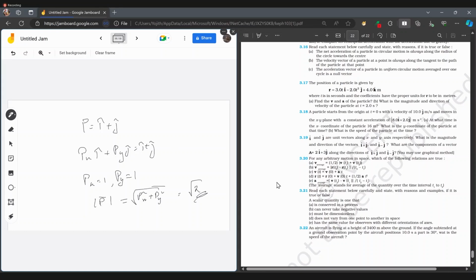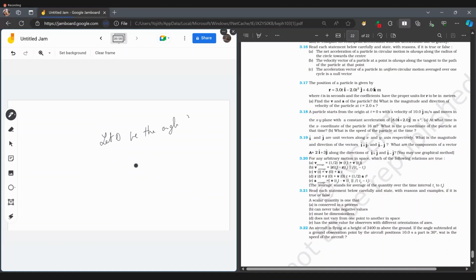Now let theta be the angle made by P bar with the x axis. So let us see, this is Px, this is Py, and theta.